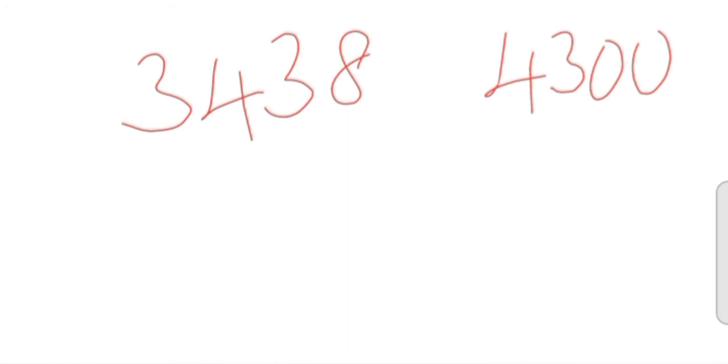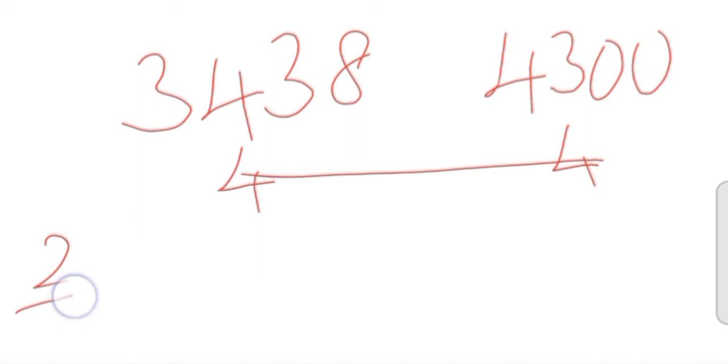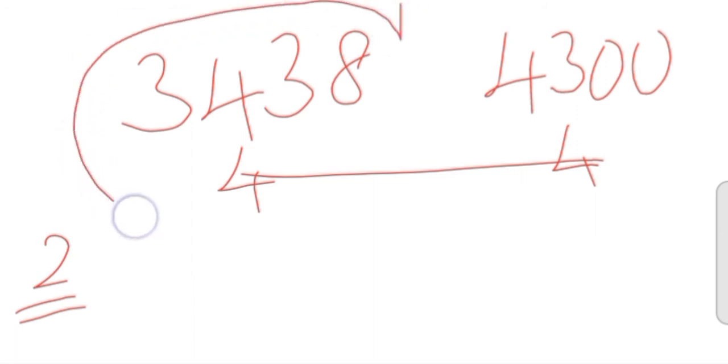First we have to compare the numbers. Both have 4 digits, so we can't go by the first rule. We are going to follow the second rule. That rule: extreme left side. You can take this number, 3438.